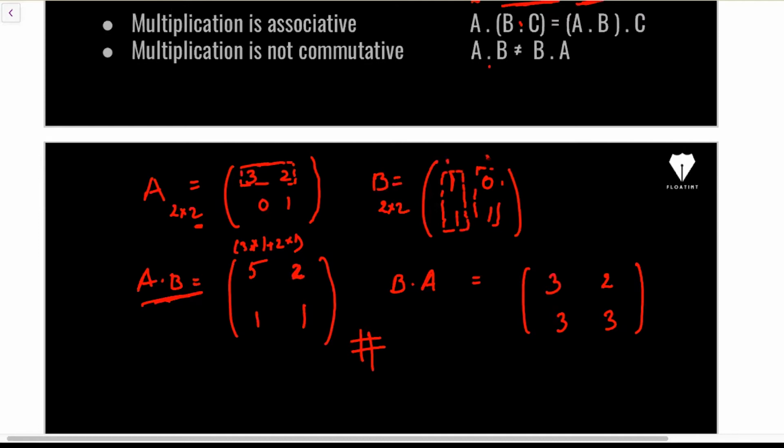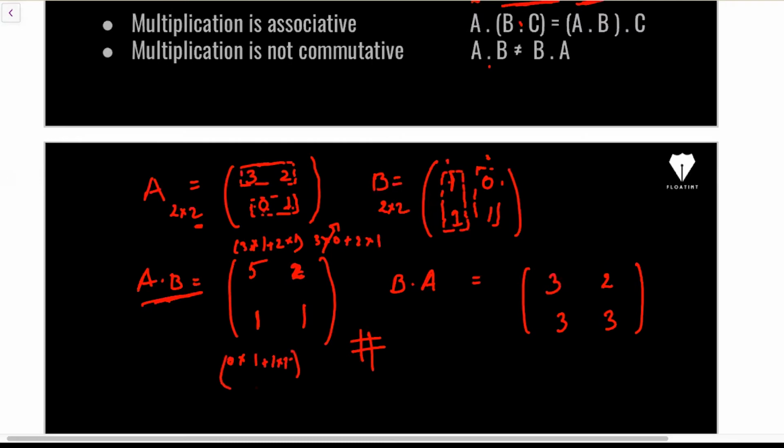Now for the second element, it is 3 multiplied by 0 plus 2 multiplied by 1. So 3 multiplied by 0 is 0, and 2 comes here as 2. How will the 1 come? The next row, 0 1, comes as 0 multiplied by 1, because the corresponding 0 is multiplied by this one, and this one by this one, plus 1 cross 1.